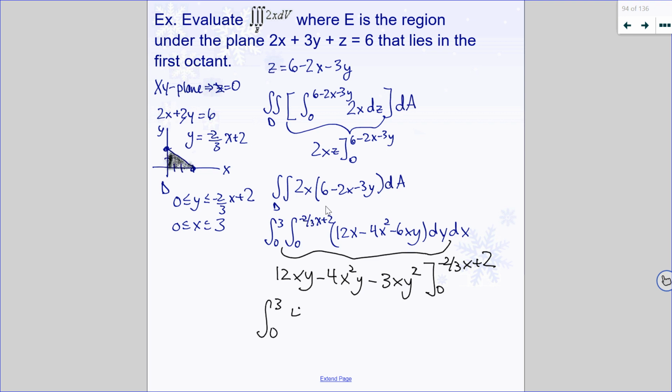This is going to be a simplified version of that plug-in. So that'll be plugging in that for y and simplifying. It requires a little bit of algebraic manipulation because you have this squared and then you have the fraction. I kind of did all that ahead of time, so I wouldn't have to take us through that.